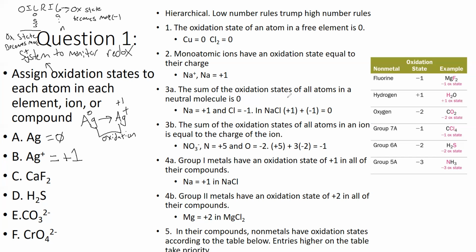So if there's an element by itself without a charge symbol, it's 0. If it's by itself and has a charge symbol, the oxidation state is equal to that charge symbol: +1, +2, -2, and so on. So that's rules 1 and 2. That just deals with atoms by themselves.